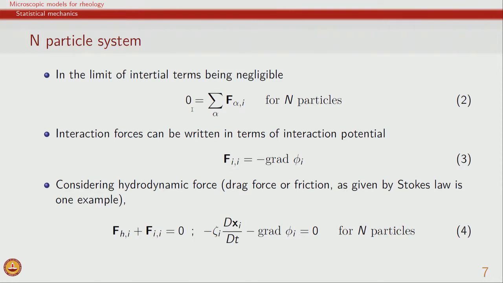What we mean when we say that the inertial terms are negligible, it implies that the velocities of the particles are not changing, or the overall distribution of velocities is given when let us say there were no forces of interaction also.